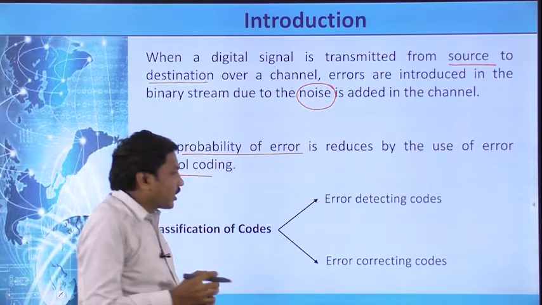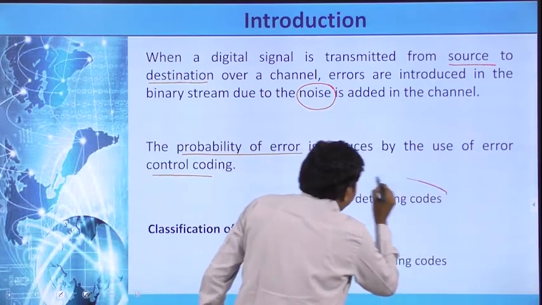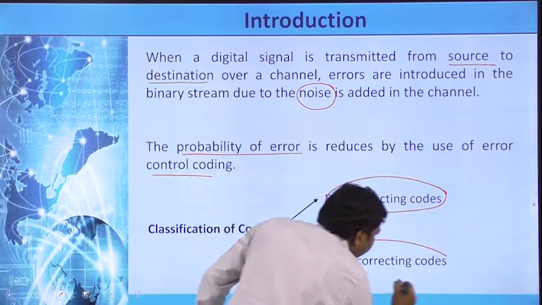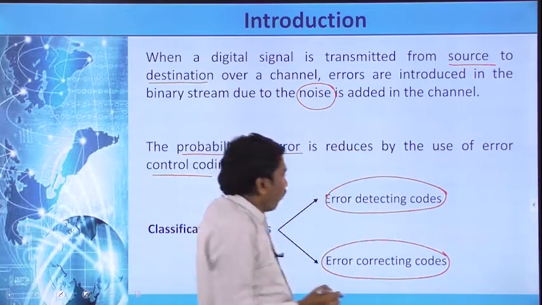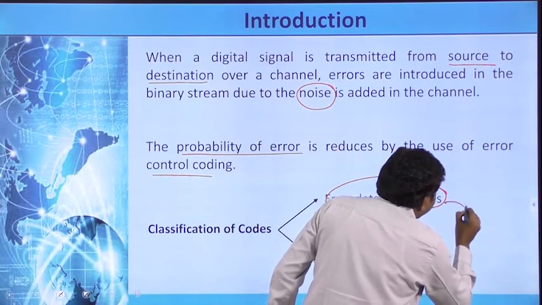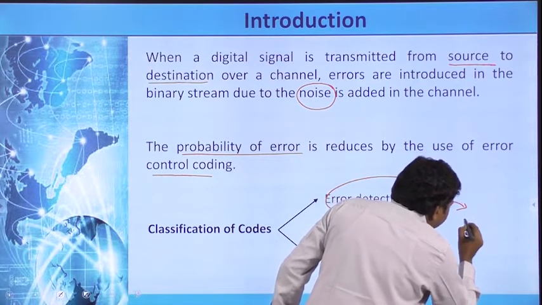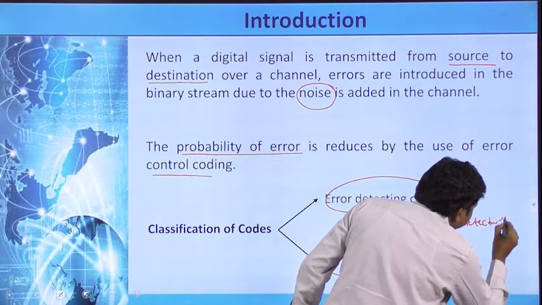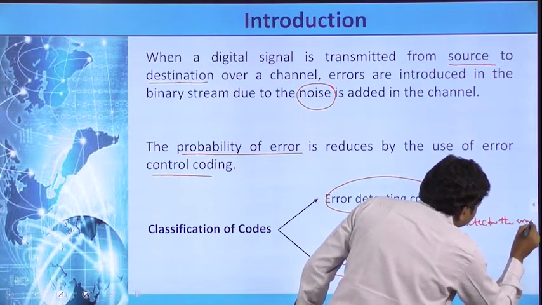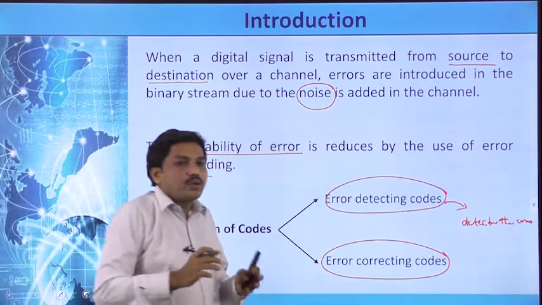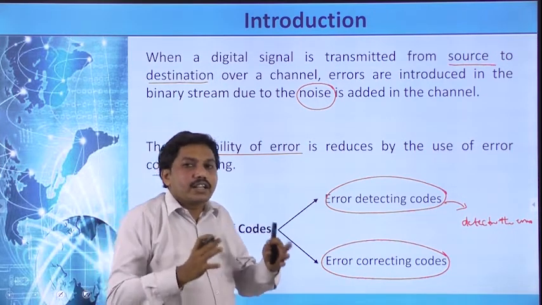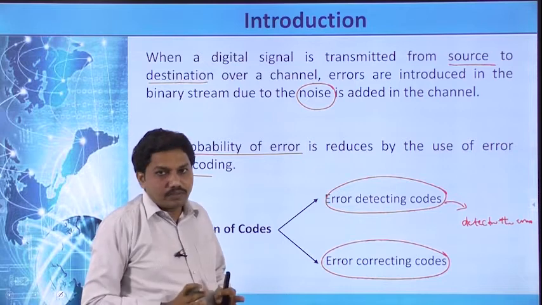The codes are basically classified into two categories. One is error detecting codes, another one is error correcting codes. What do you mean by error detecting codes? These codes are capable of detecting whether errors are there in the information bits or not.